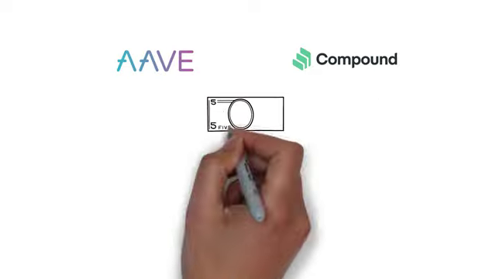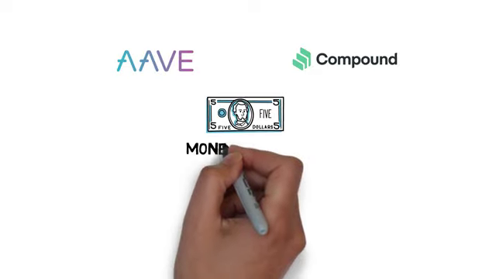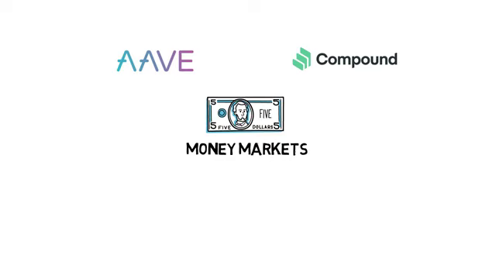Aave and Compound are two main lending protocols available in DeFi. Both of the protocols work by creating money markets for particular tokens, such as ETH, stablecoins like DAI and USDC, or other tokens like Link or Wrapped BTC.